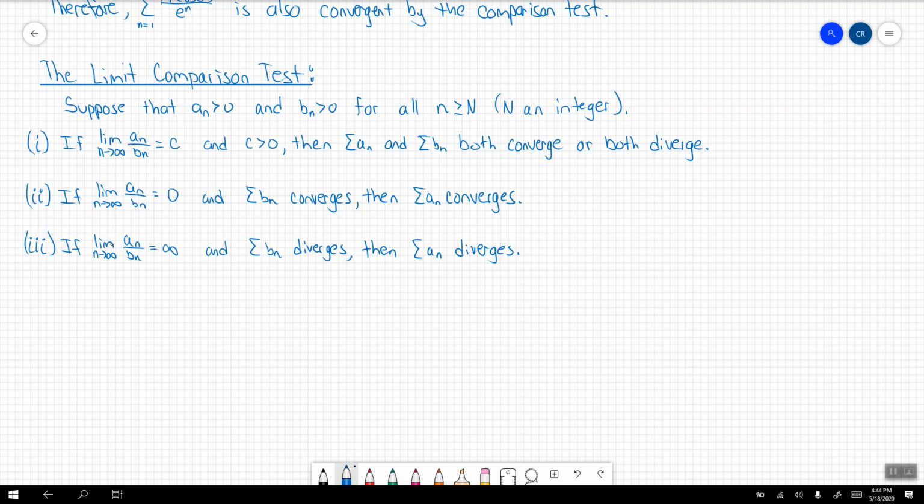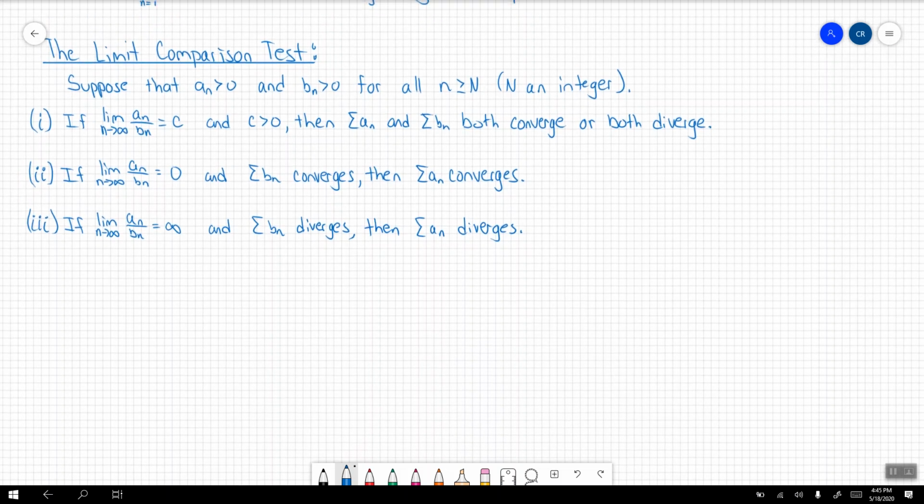Number 3, if the limit as n goes to infinity for the ratio once again is equal to infinity, and the series for b sub n diverges, that means in the denominator, if you can extract that the series diverges, then a sub n, that series, must also diverge.